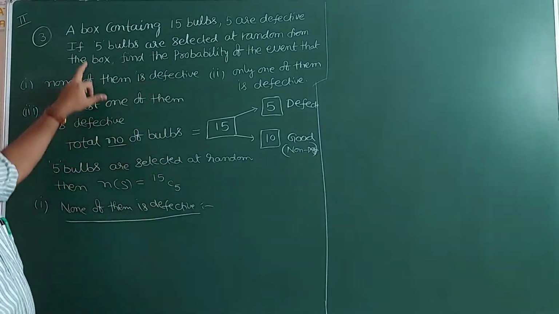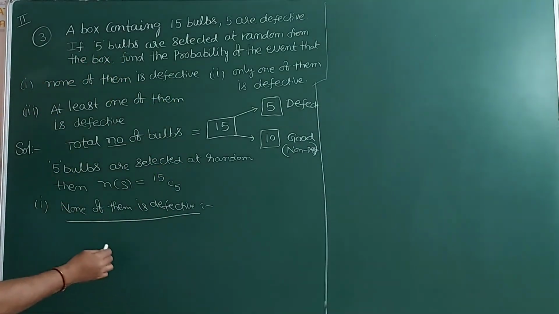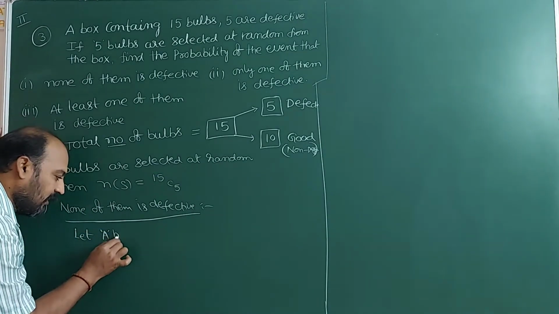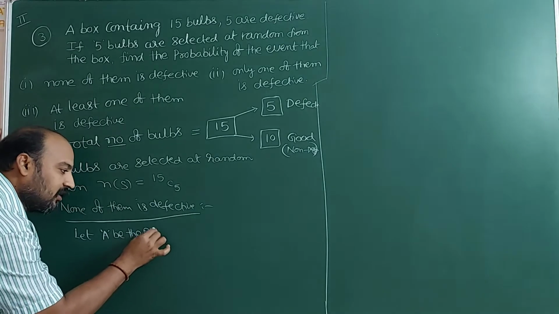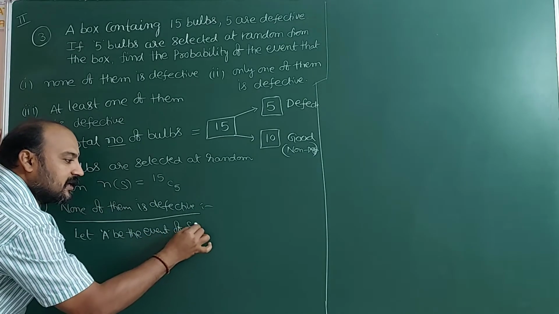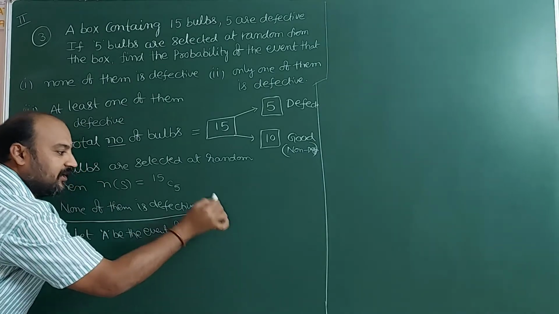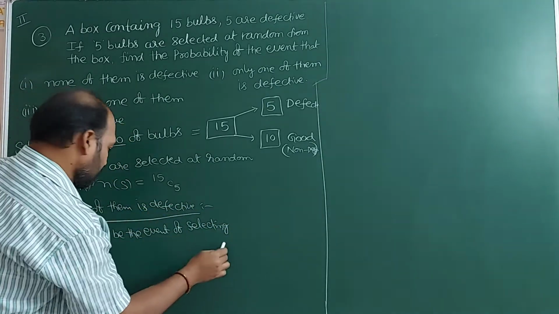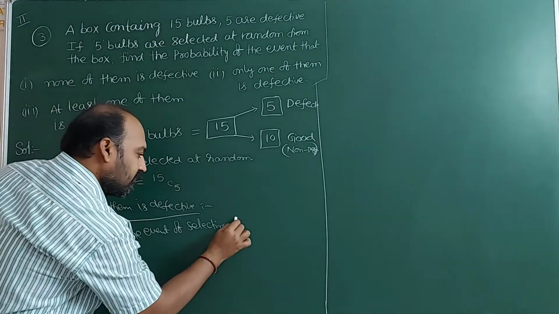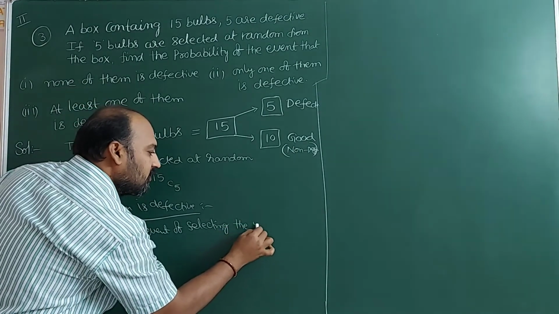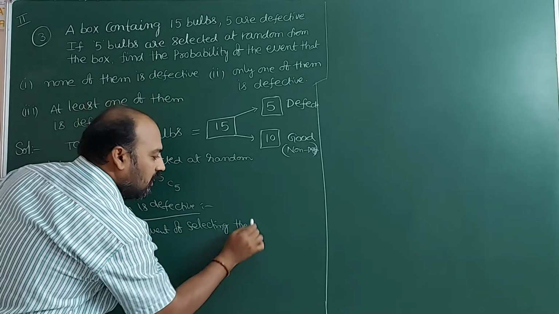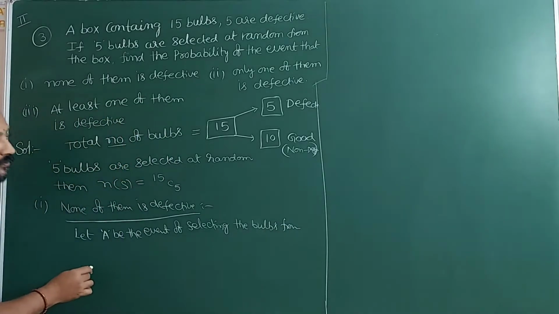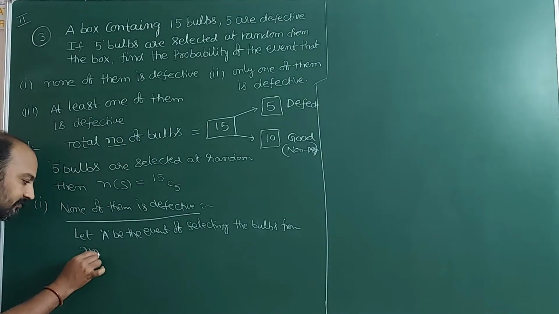Out of 10 bulbs, how many do you have to select? 5. So, let A be the event of selecting the bulbs from non-defective.